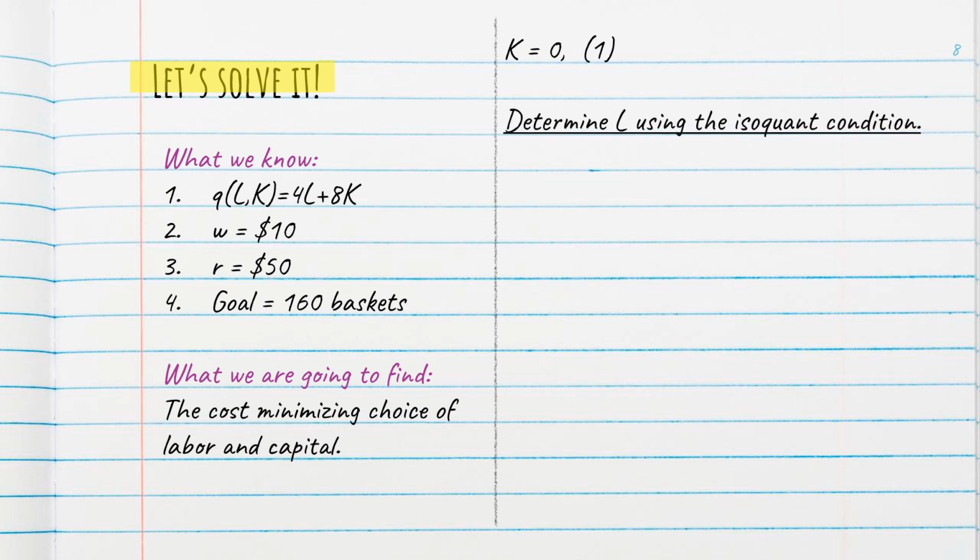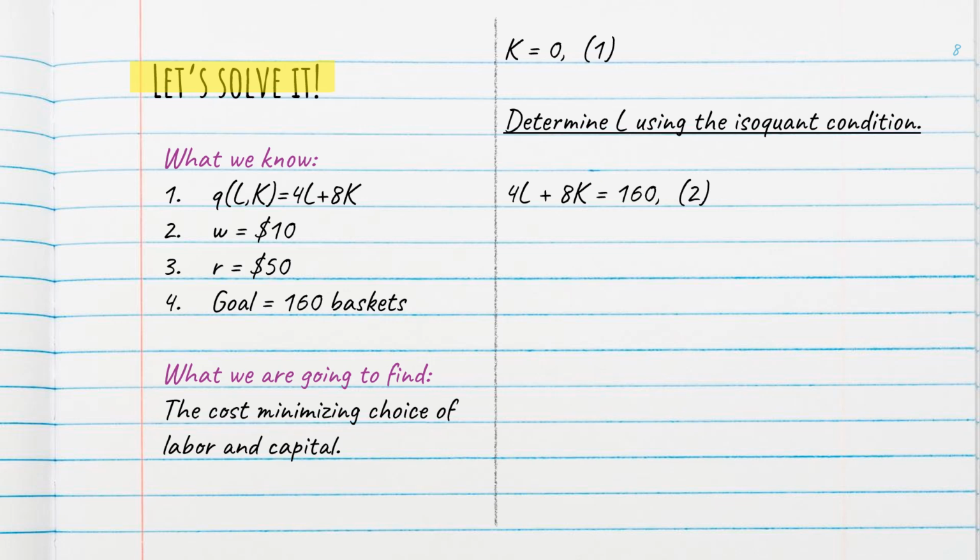Now we need to figure out how much labor we're actually going to hire. To do that, we're going to go to that isoquant condition, or if you prefer, production constraint. In this question, we are told that we must produce 160 baskets. That's our firm's goal. So we write down the isoquant condition, 4L plus 8K equals 160, and then we start filling in what we know.